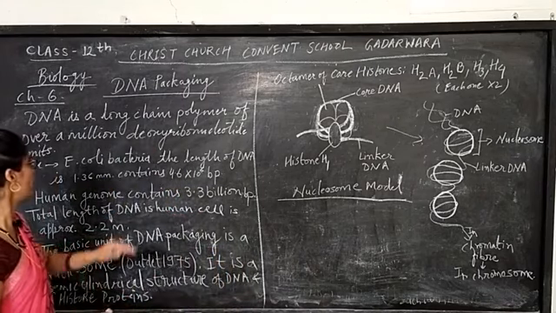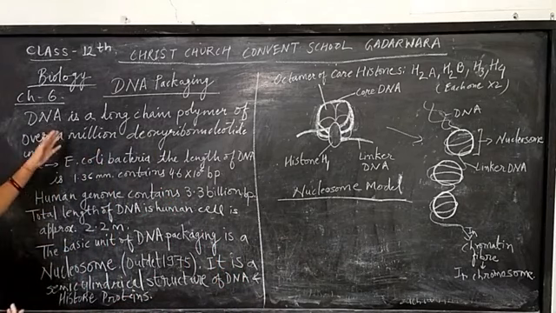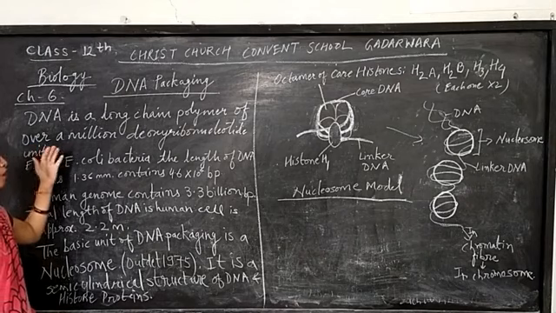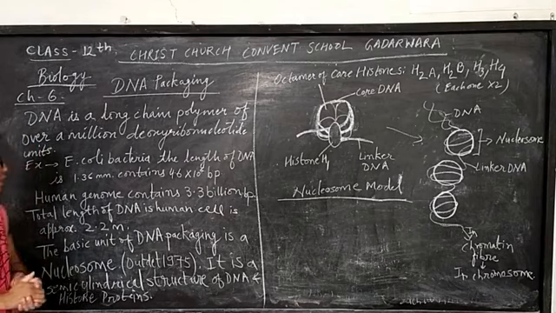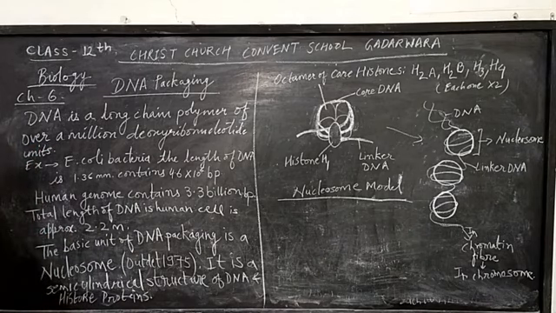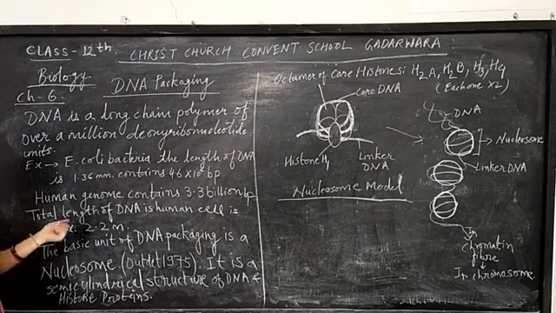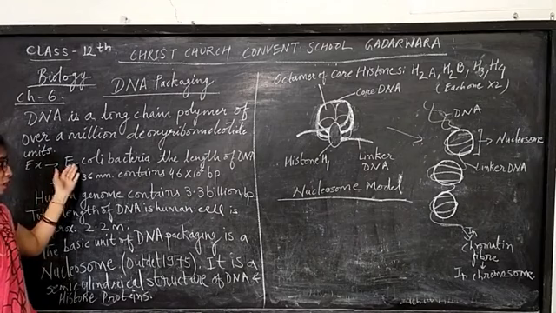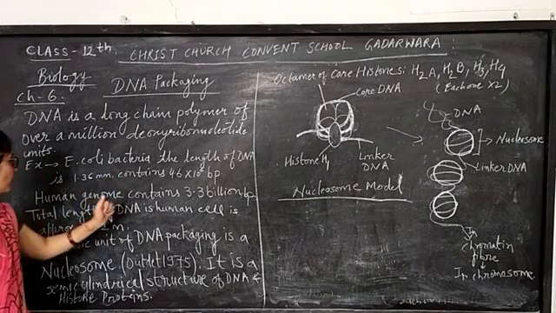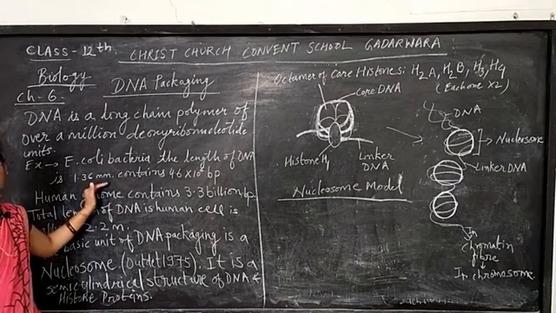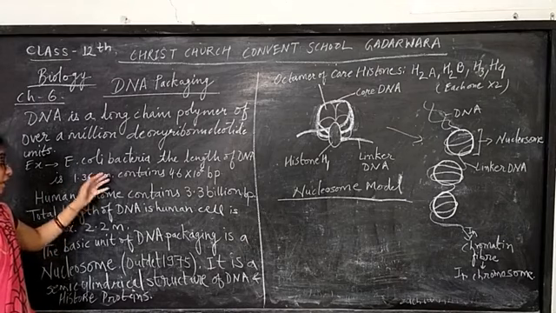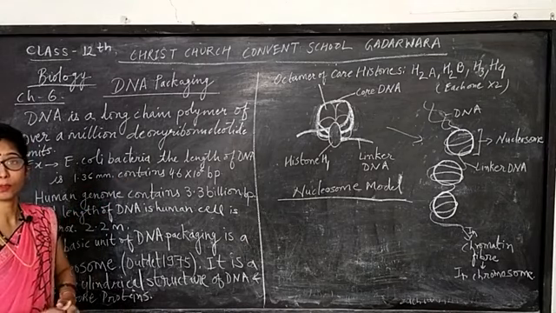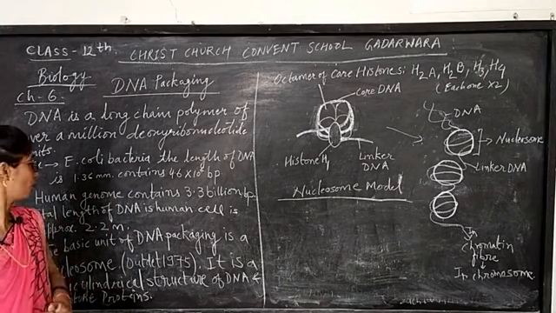Listen, DNA is a long chain polymer of over 1 million deoxyribonucleotide units. For example, E. coli, meaning Escherichia coli bacteria. In this bacteria, the length of DNA is 1.36 millimeter, and it contains 4.6 times 10 to the power 6 base pairs.